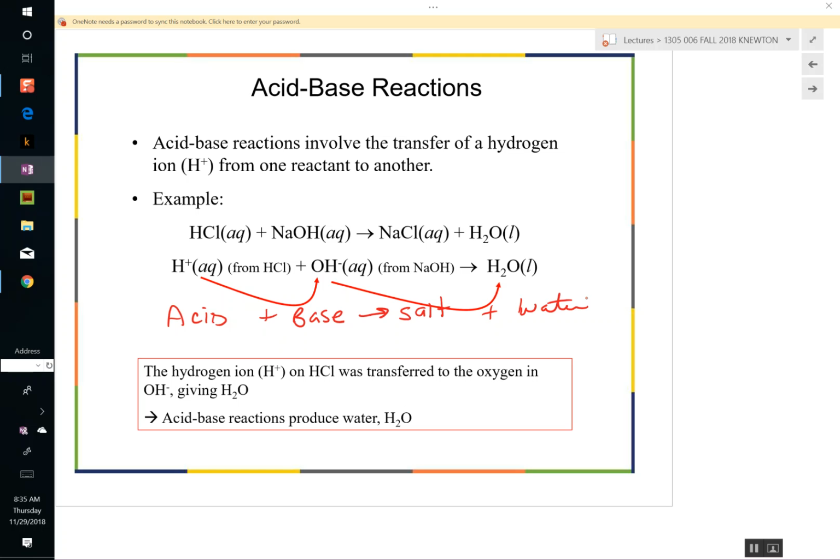It could be magnesium chloride. It depends on what the acid and the base are. But in an acid there's going to be an H, there's going to be an OH, there's your water. And the other two ions are going to go together to form a salt. And so if you have exactly the right balance of acid and base, you end up with salt water at the end. It's not acidic, it's not basic.